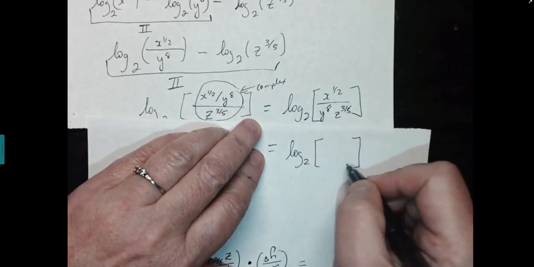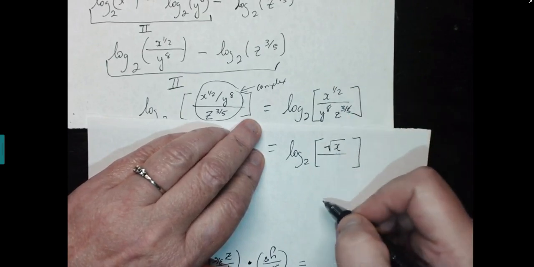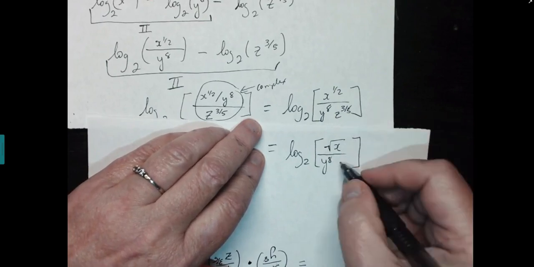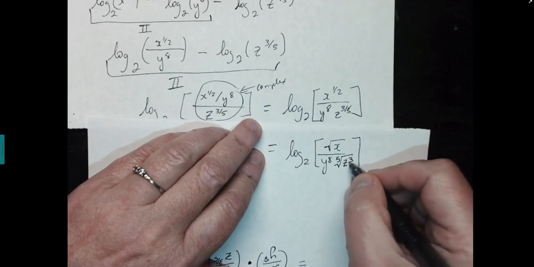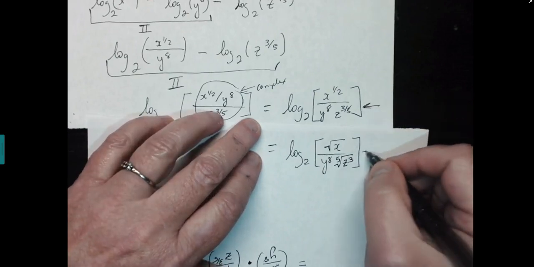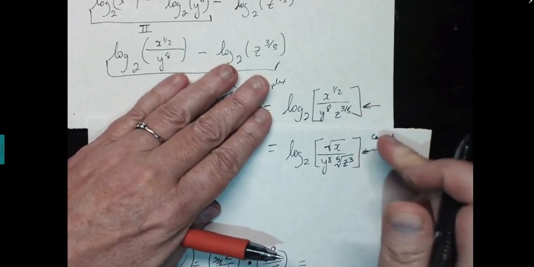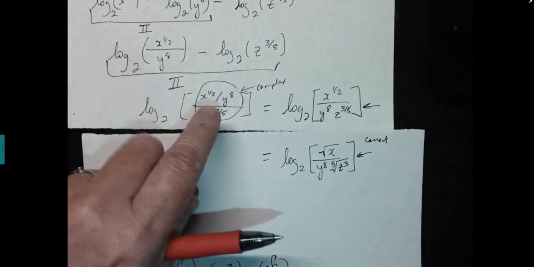So for the final part, what is x to the 1/2? That's the same as the square root of x. And I've got y to the 8th. And what is z to the 3/5? That's the 5th root of z cubed. So either one of these forms is correct, and you would see either one, 50-50, in the back of the book. You wouldn't see it like this. You have to change it into a simple fraction.